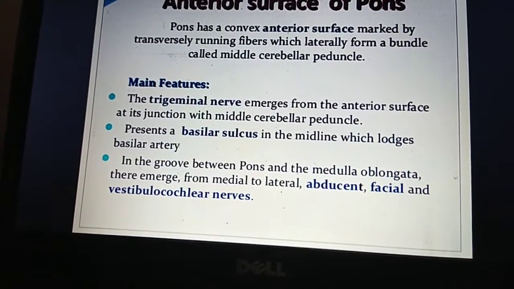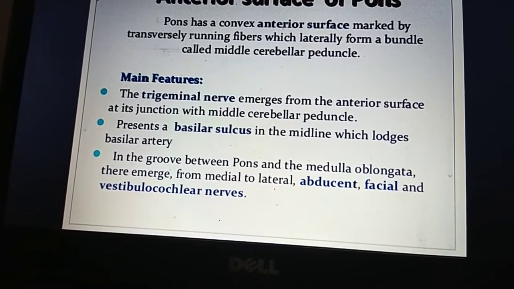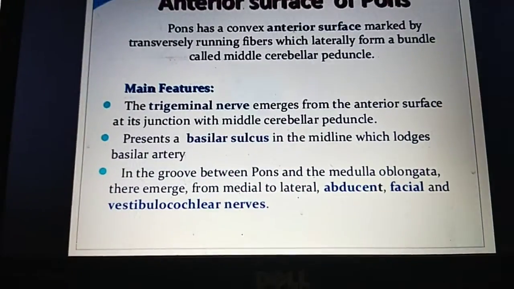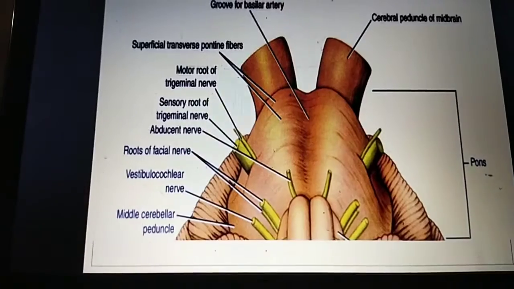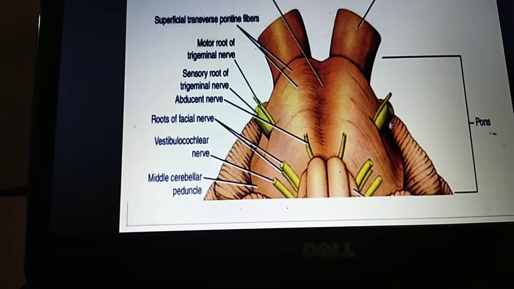In the groove between the pons and medulla oblongata, there emerge from medial to lateral the abducent, facial, and vestibulocochlear nerves. You can see here the trigeminal nerve.